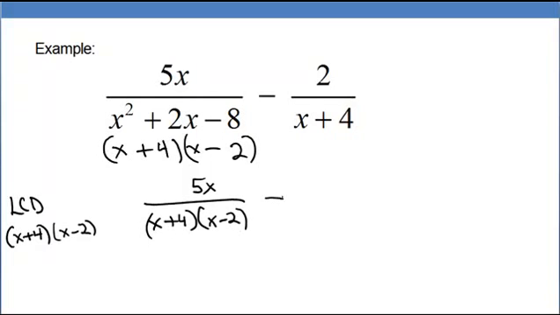For the second fraction, I'm going to go ahead and work on it up here. And I have the x plus 4. I need the x minus 2. And I will simplify the numerator. Something to be careful about here. Your minus is going to apply to the whole thing.